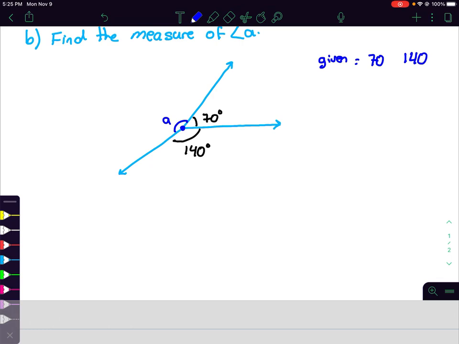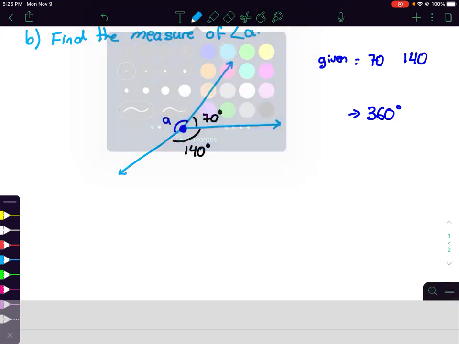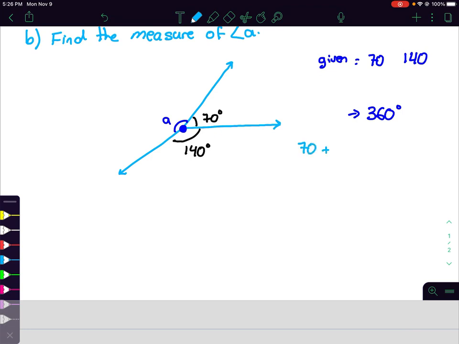So the sum of the angles measured at the point, where you see the point here, has to give you 360 degrees. So if I add 70 plus 140 plus A, it must give me 360. Now we're looking for A, correct?